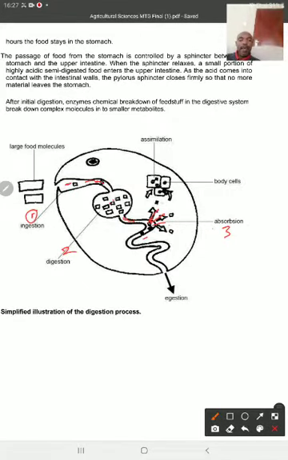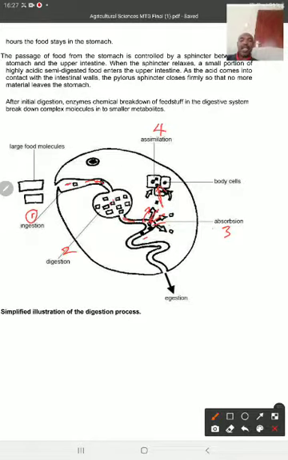And then when these food nutrients, these end products, now travel to the body cells, we call that assimilation, as you can remember I was correcting that. So absorption is when these end products leave the small intestine to the bloodstream.